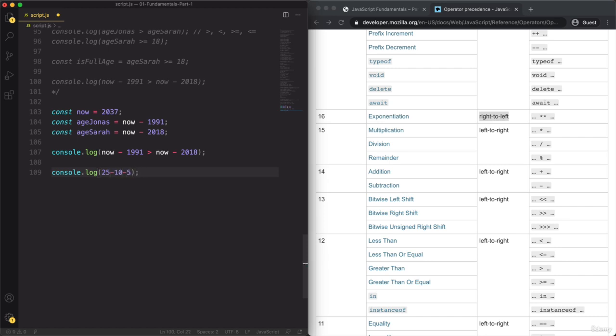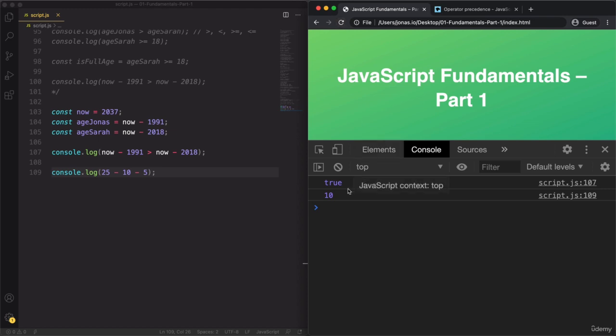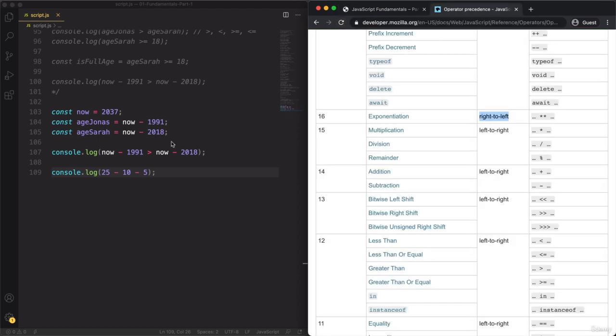And so this one should be 10, right? So let's check that. And indeed, we get 10. But if it was right to left, then it would be 5 minus 10 minus 25, which would then be something completely different. So this is an example of left to right operation, but assignment, for example, is a good example of right to left execution.